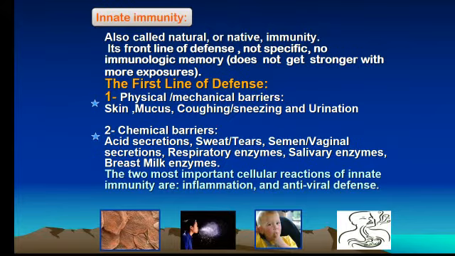This kind of immunity is called innate immunity, also natural or native immunity. It is the front line of defense, not specific, no immunological memory, and it does not get stronger with more time.